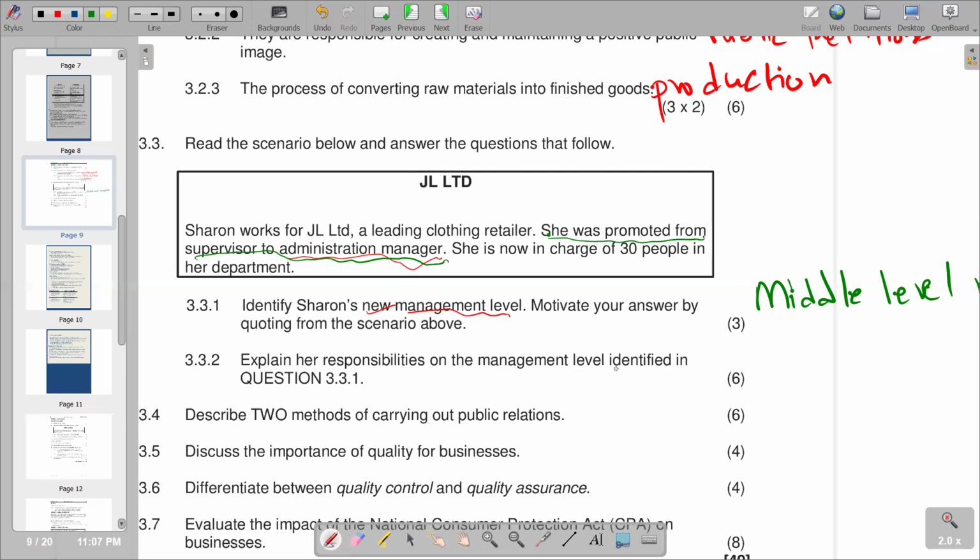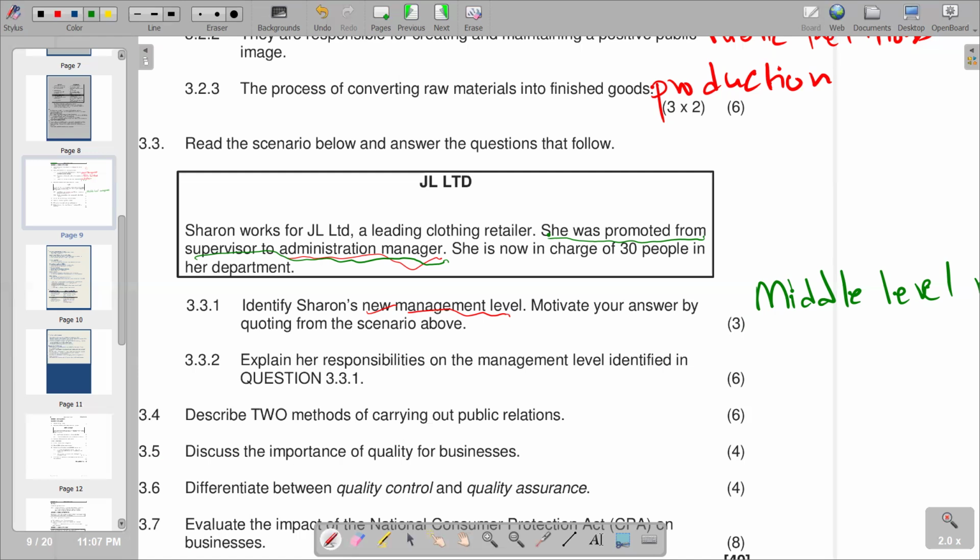And for 3.3.2, we identified it in question 3.3.1 as mid-level management, and now the responsibilities of mid-level management. The first responsibility that we can mention is to make medium-term tactical decisions that focus on how the business will carry out strategic decisions.